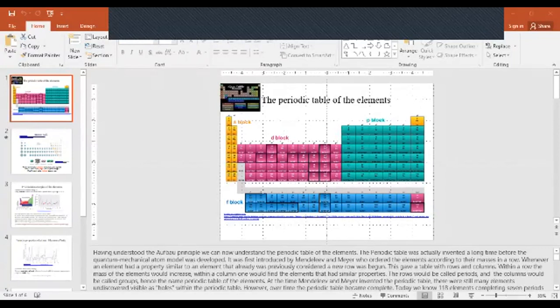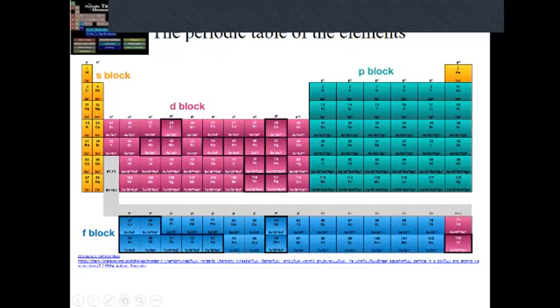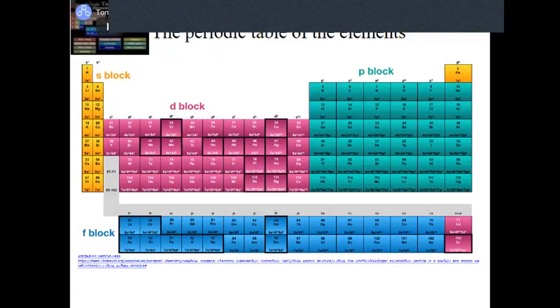The periodic table of the elements was actually invented long before the quantum mechanical model of the atom was developed, but one could not explain the periodic table of the elements very well. But with the knowledge about the quantum mechanical model of the atom, the periodic table could be nicely explained.